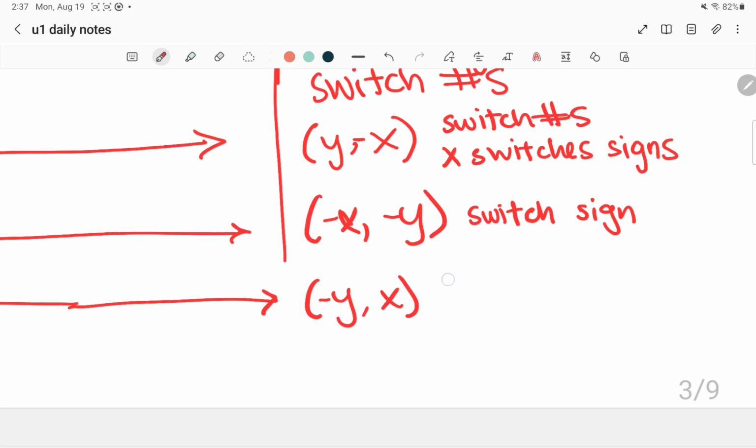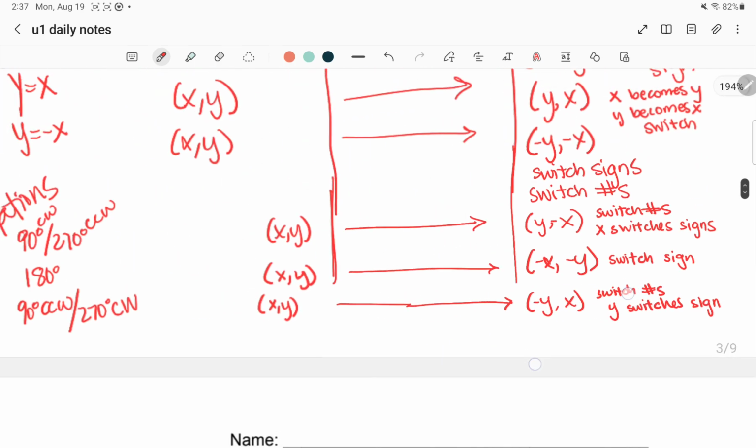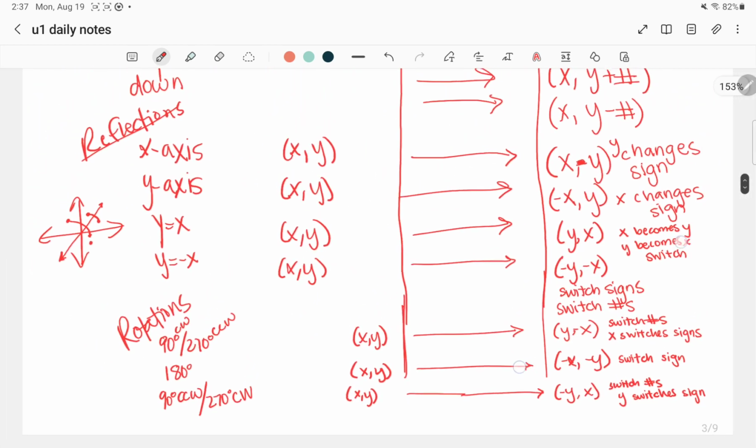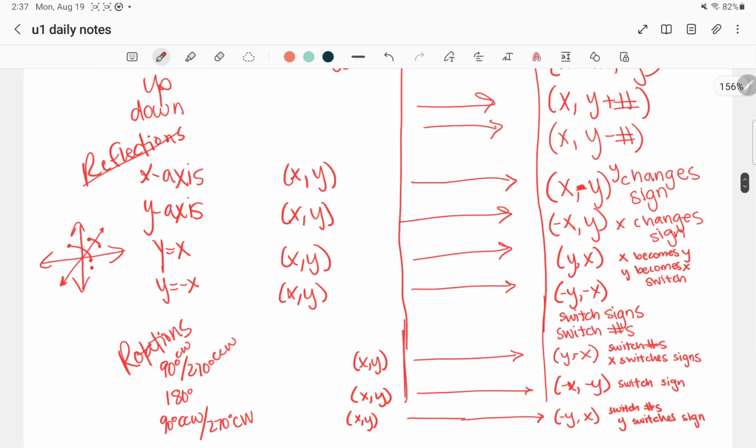And we switch the numbers. And y switches sign. Okay, so hopefully the words over here help you a bit.